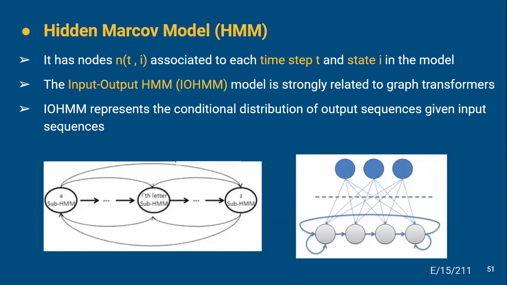In an HMM, there are n nodes associated with the time step t and the state i in the model. The input-output HMM model is strongly related to graph transformers. It represents the conditional distribution of output sequences given an input sequence.